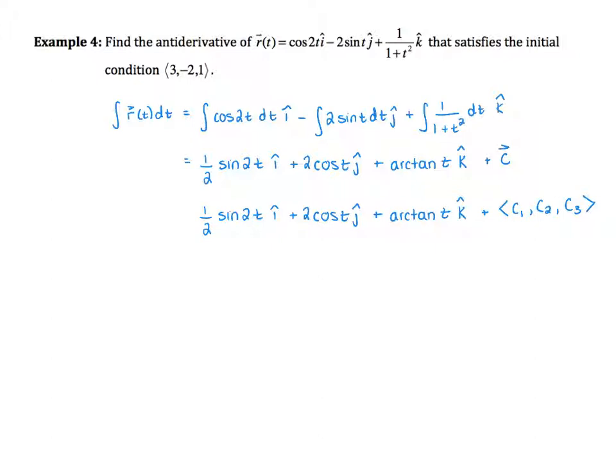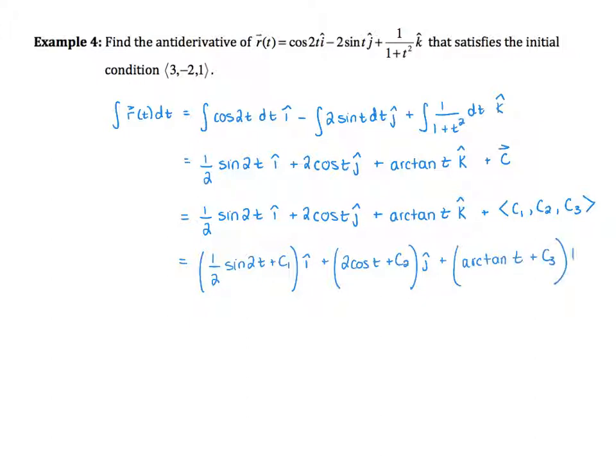All right, and then you know what, let's do that little copy paste, but actually, no, I'm going to write it all out again because the other way that you can write this is 1/2 sine 2t plus C1 i hat plus 2 cosine t plus C2 j hat plus arctan t plus C3 times k hat, right?